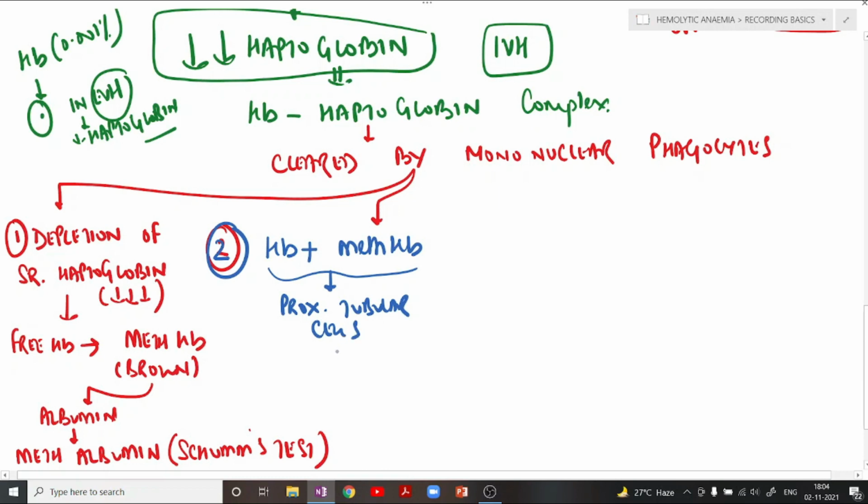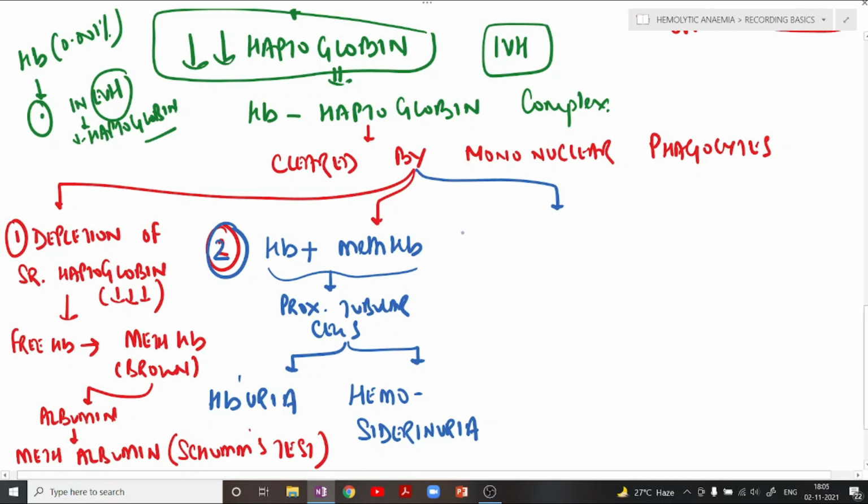In the kidneys, some amount is going to pass in the urine, leading to what is called hemoglobinuria, whereas some amount of this hemoglobin is going to get reabsorbed into the tubules, and later once that tubular cell is shed off, the hemosiderin that was stored is also going to come out. So there is hemosiderinuria, okay.